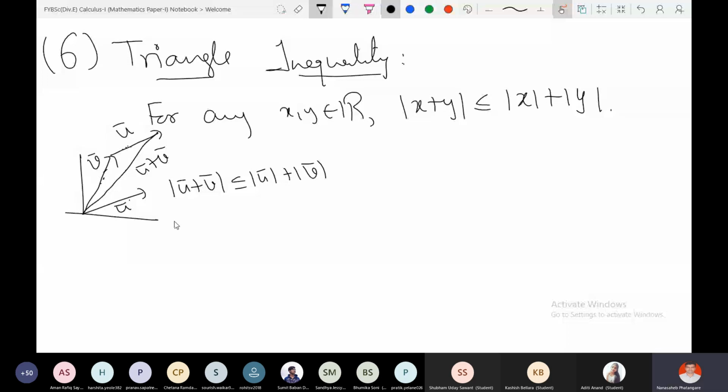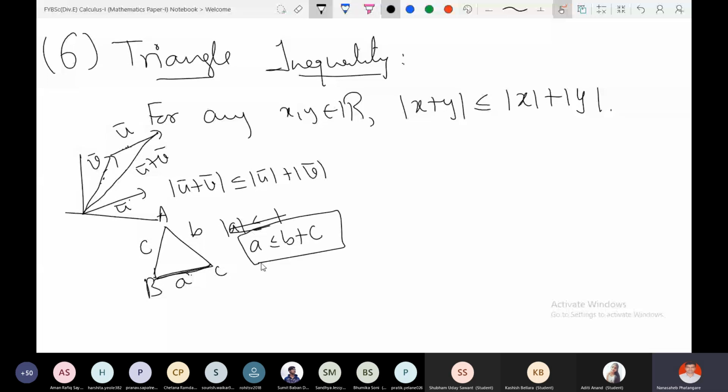And why is this called the triangle inequality? Because if you have a triangle, this is my triangle ABC, and the length of this side is a, this side is b, this side is c, then a is always less than or equal to b plus c.